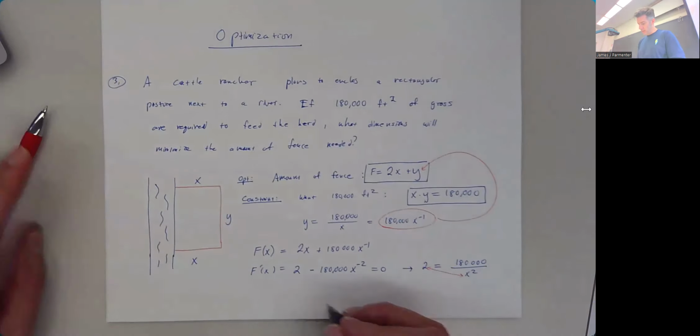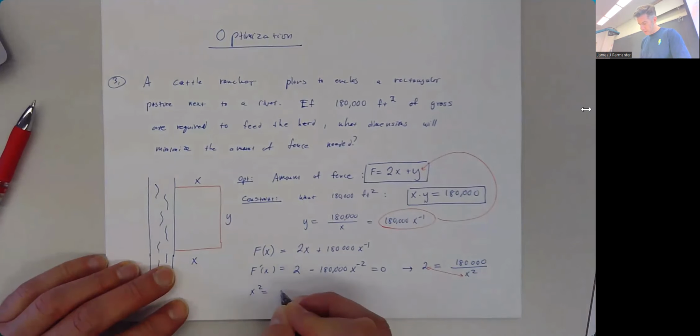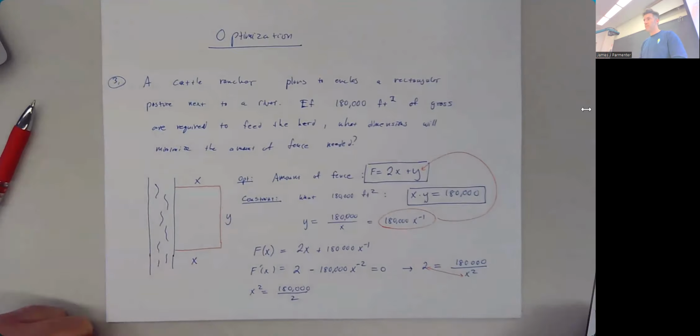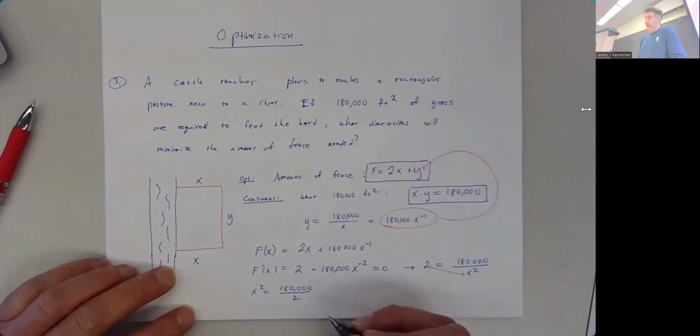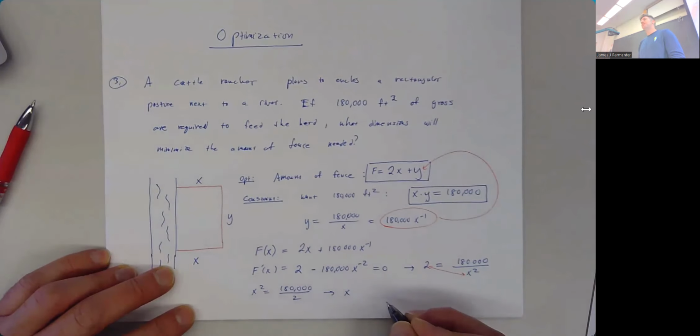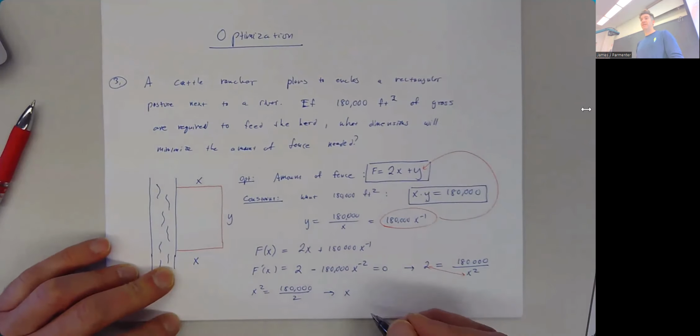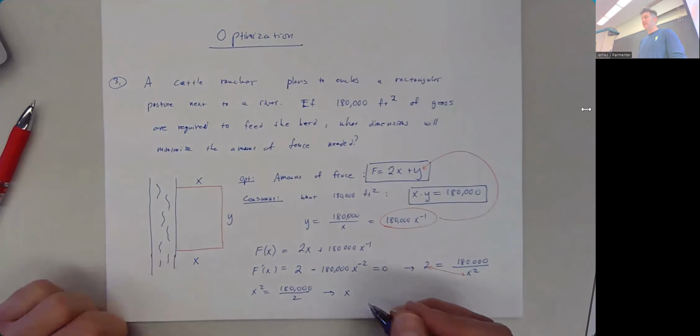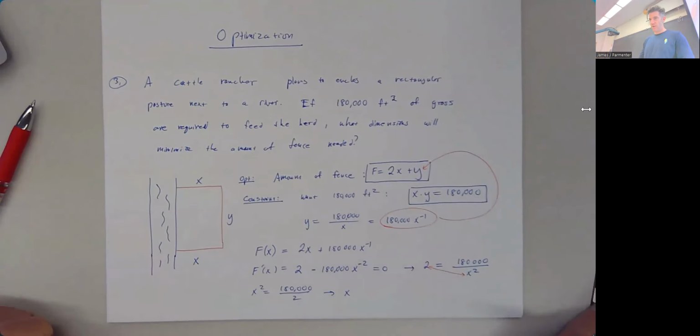So you end up getting x squared equal to 180,000 divided by 2, which is 90,000. So x is going to be, technically I should write plus or minus the square root, but would it make sense for x to be a negative number when it's the length of one of the sides of this pen?